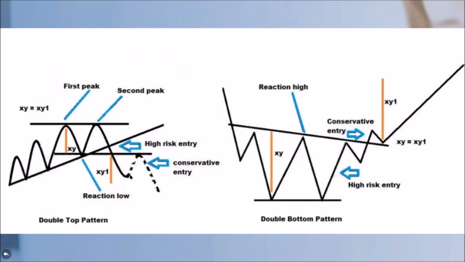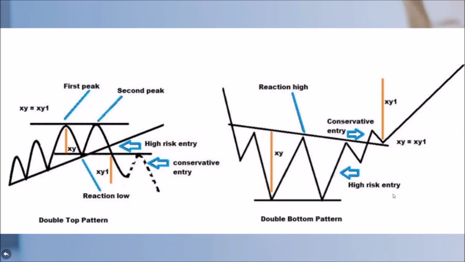But once it breaks out and backs up and confirms, you've got your conservative entry. That would be for a short, for a double top. By contrast, with the double bottom, it comes in from the top, bounces, hits the reaction high, bounces. Here's your high risk entry because 64% fail. But once it breaks and hooks, you've got a conservative entry.